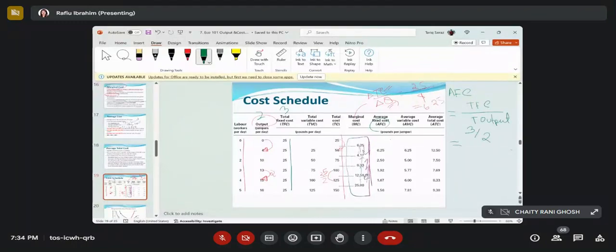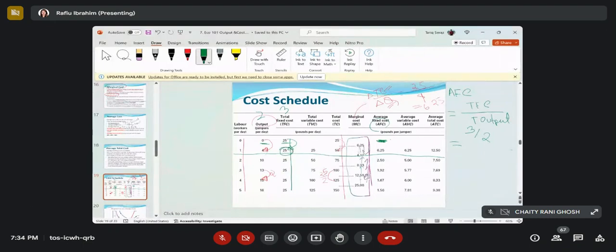So in the first case, the total fixed cost is 25, right? Output is 0. So 25 divided by 0 is undefined. Okay, so you should put a bar here, not 0. Moving on, for the first level, the total fixed cost is 25.